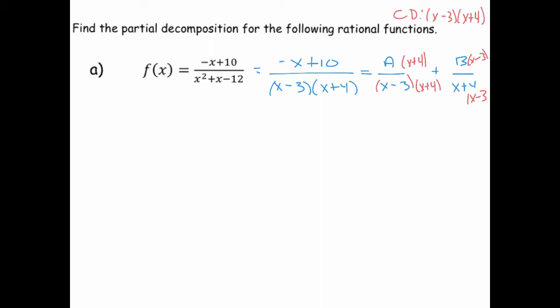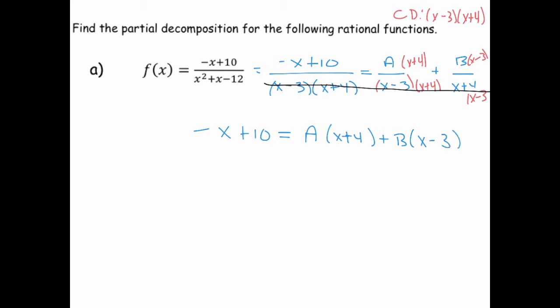And what this means is, since both expressions have the same denominator as the term on the left, we can just equate the numerators. So that is no longer necessary. And we can say that negative x plus 10 is equal to a times x plus 4 plus b times x minus 3.